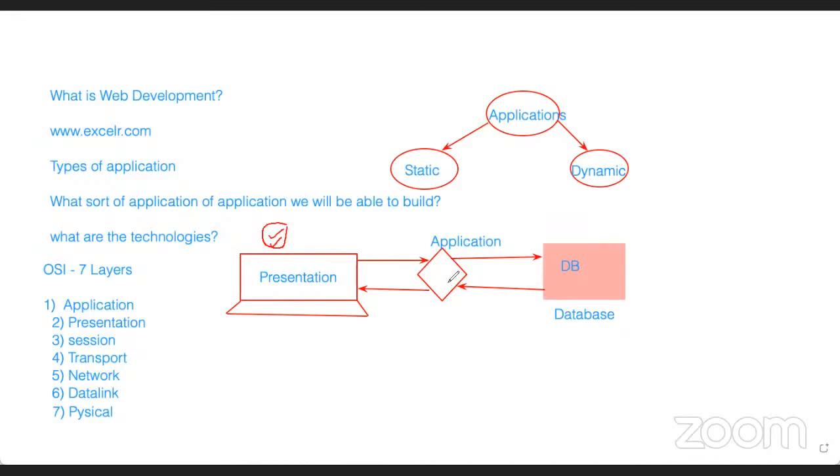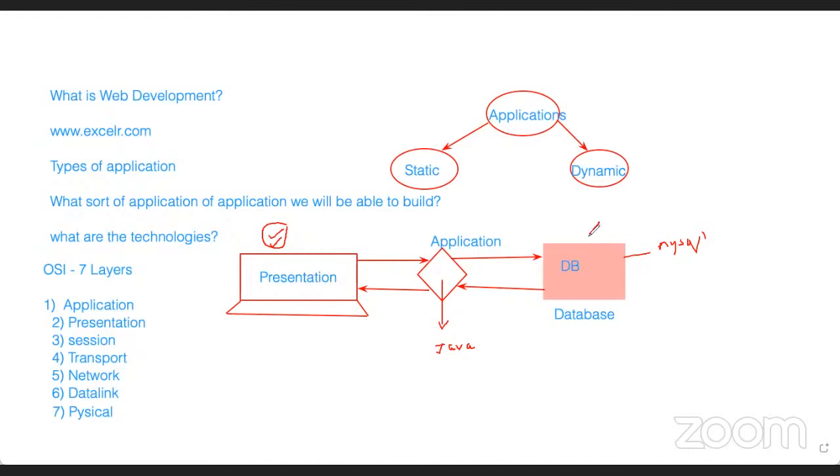There are some sets of people who are aware of Java, .NET, and they are going to work on this particular layer. So the Java team, or Python, or .NET, a different sort of middleware team is going to work on this, and the database, your MySQL, MongoDB, NoSQL, Oracle, different kinds of databases.